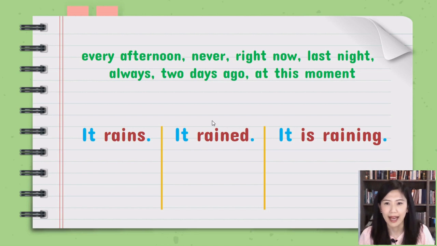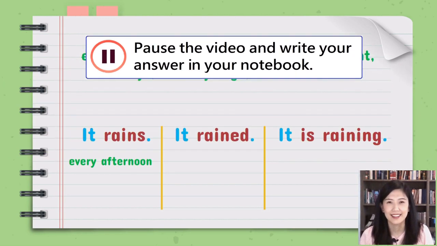Is it in the past? Or is it this moment? I think it should be, it rains every afternoon, not rained, not is raining. So let's put that there. Every afternoon belongs to it rains. Now hit pause, complete this chart, and press play again.